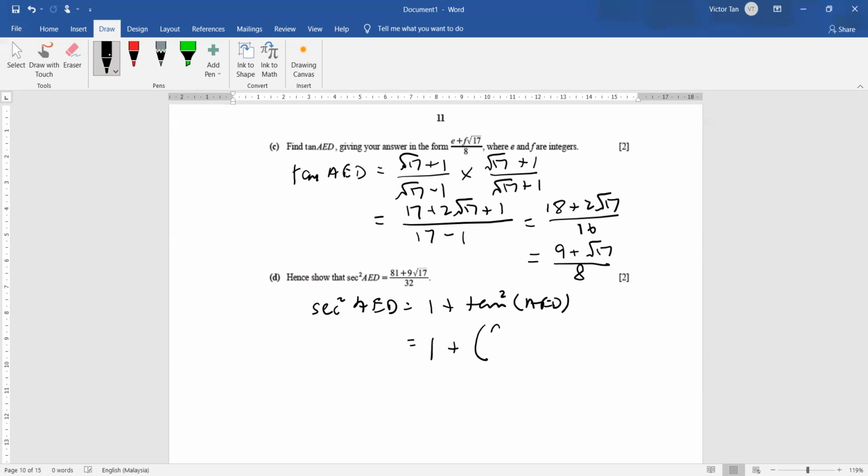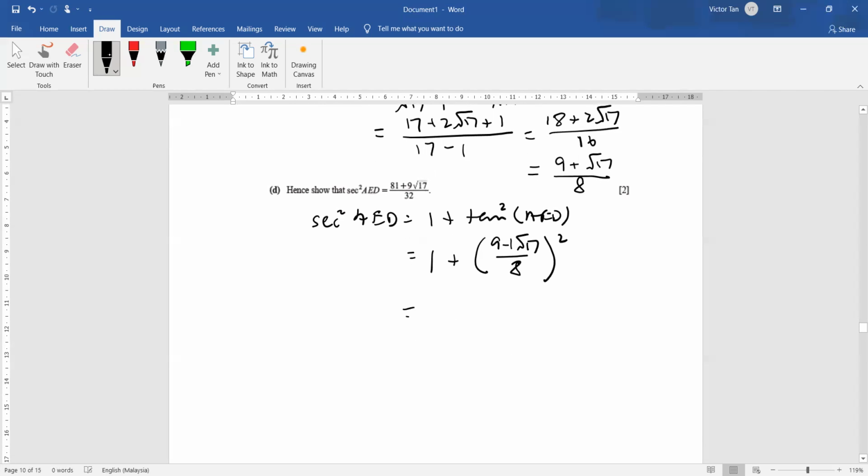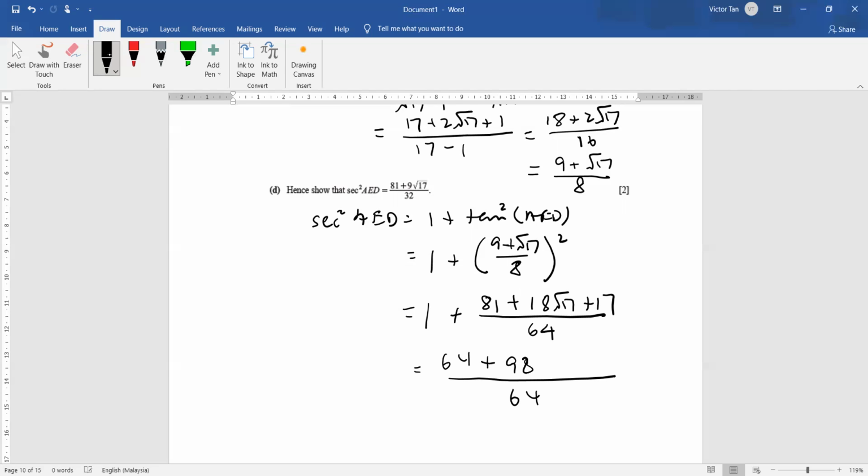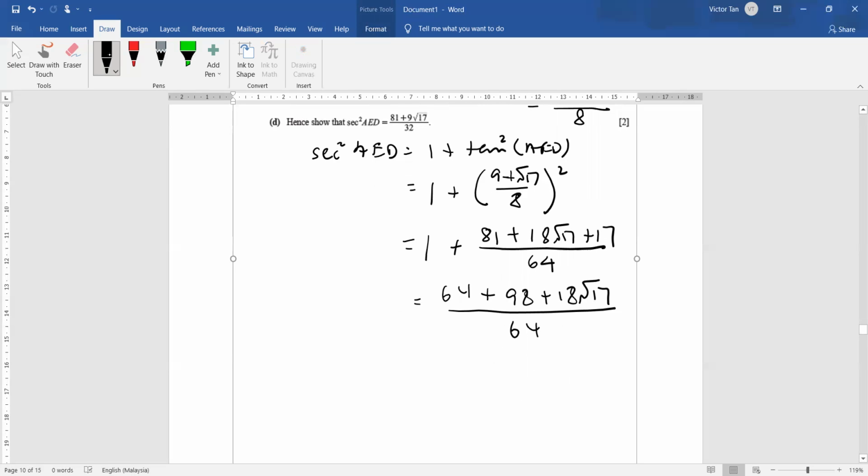This is 1 plus 9 plus root 17 over 8 squared. That is 64, 9 times 9 is 81, plus 18 root 17 plus 17, over 64. So 64 plus 81 plus 17 is 162, plus 18 root 17 over 64.